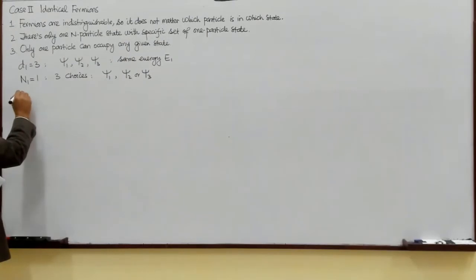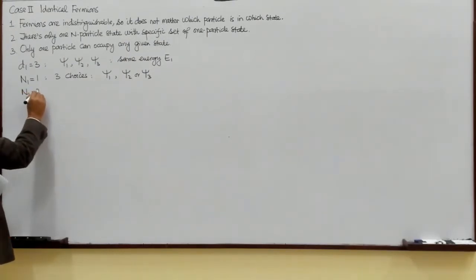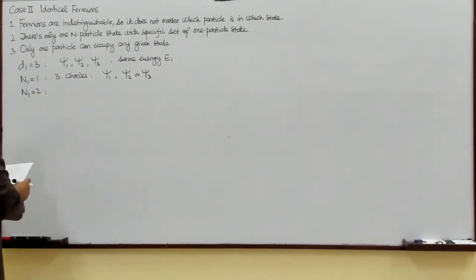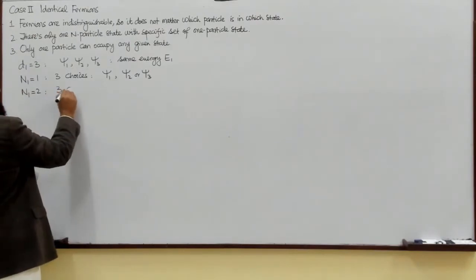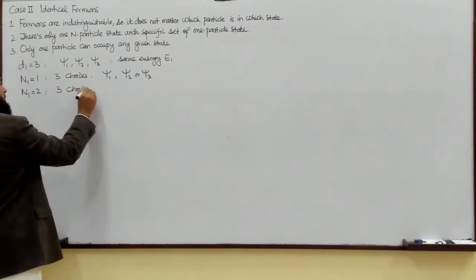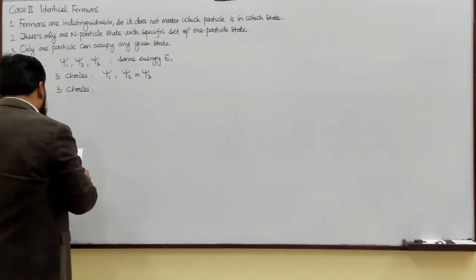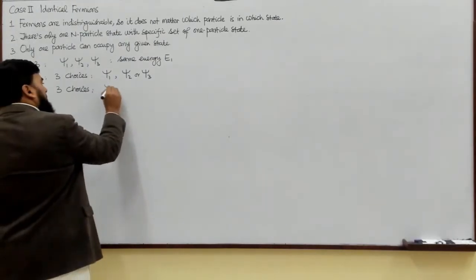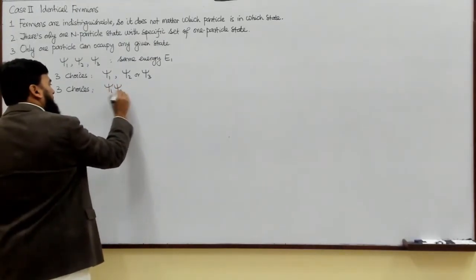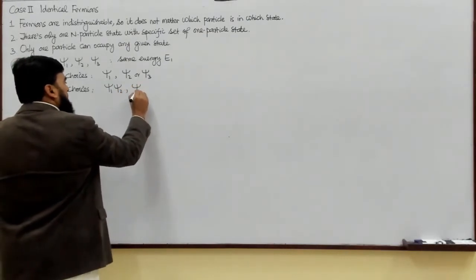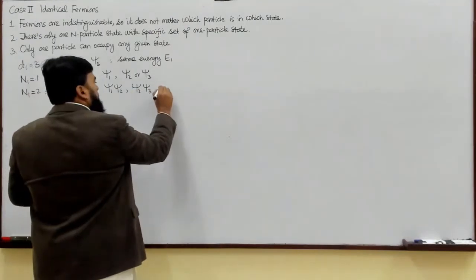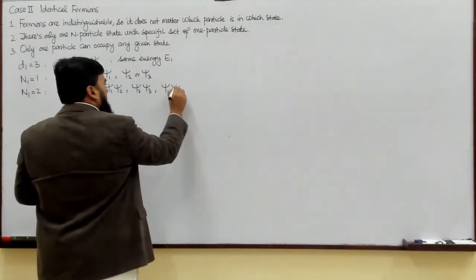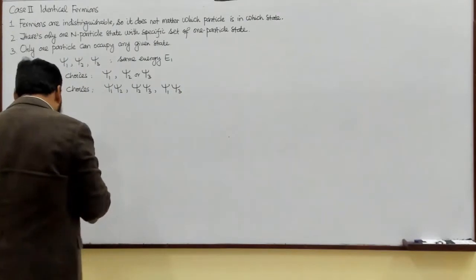And if N1 is 2, that I pick 2 particles, then how many choices do I have? So again, we are having 3 choices. How? I can put 1 particle in psi 1, another particle in psi 2, then 1 particle in psi 2, 1 in psi 3, and 1 particle in psi 1 and another in psi 3.